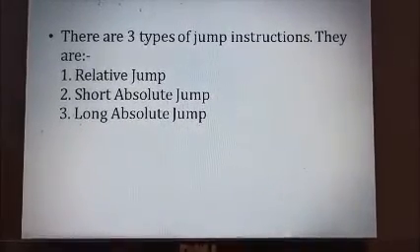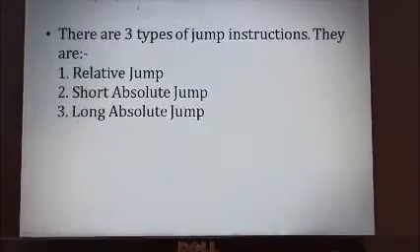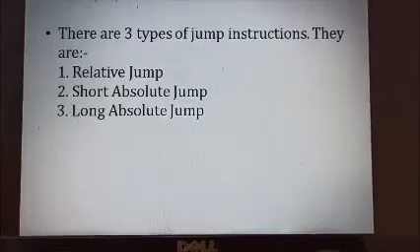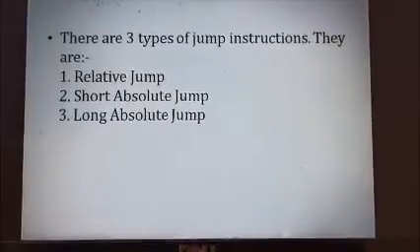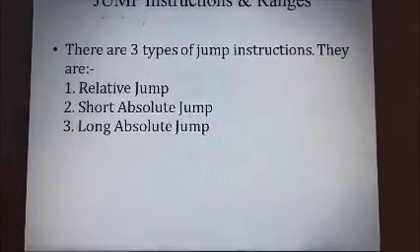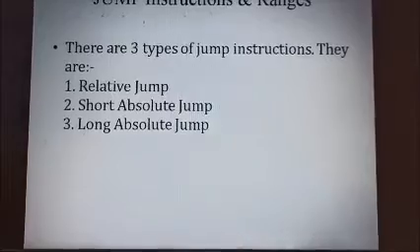If you take the difference between these two, 0120H minus 0100H, the difference is 20H. This 20H is the range of the jump instruction. Clear? The difference between these two addresses is the range of the jump instruction.